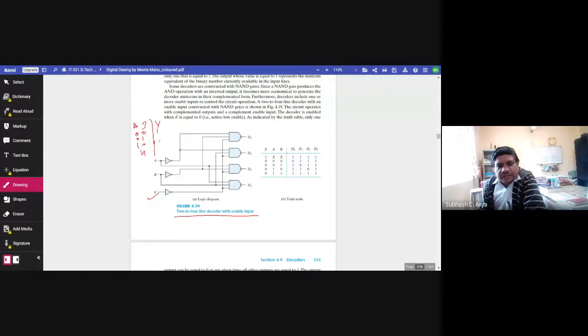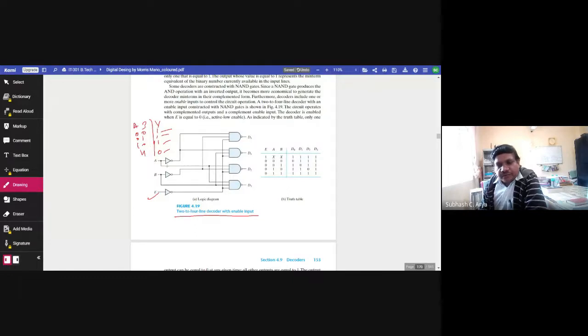So any 0 in the input makes the output of a NAND gate 1. However, if both inputs are 1 1, then output is 0. So this is the property.